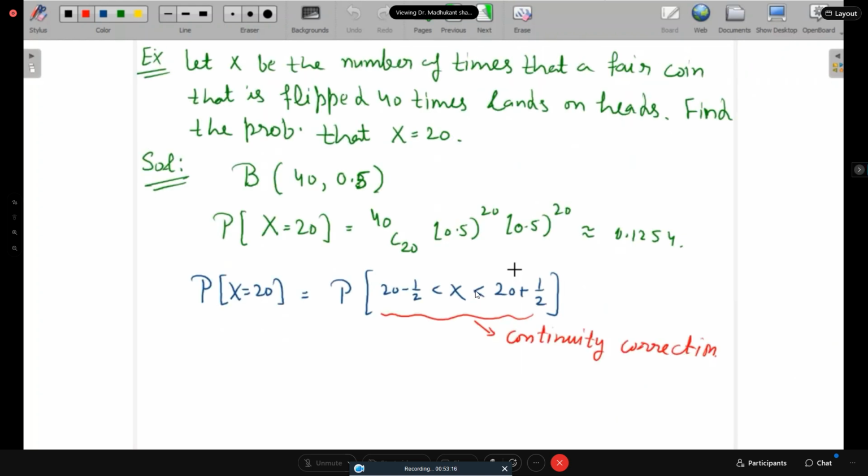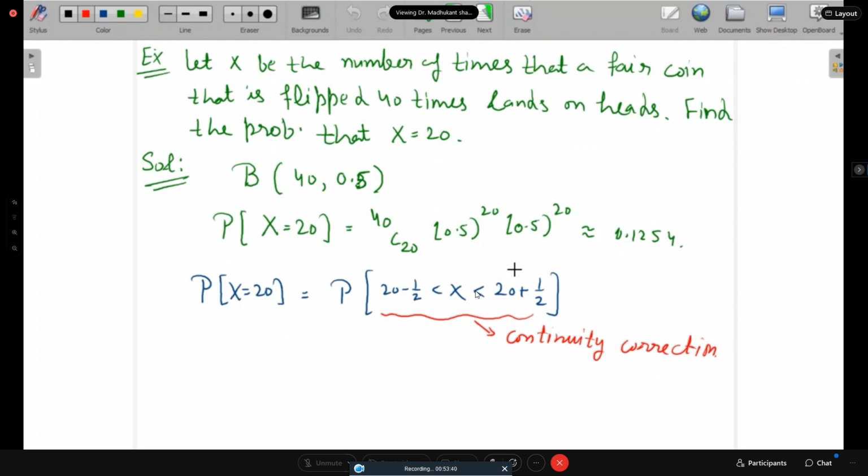Right. Now let's take another example which shows that you can actually estimate the binomial distribution by using the normal distribution. The normal distribution will be a good approximation for the binomial distribution whenever n is large.